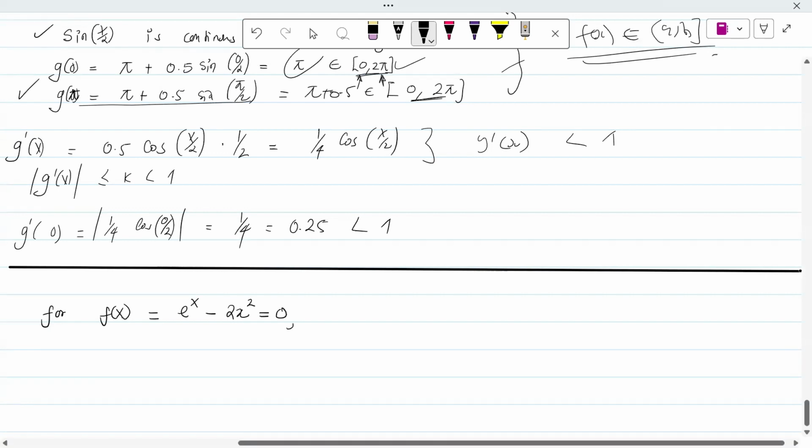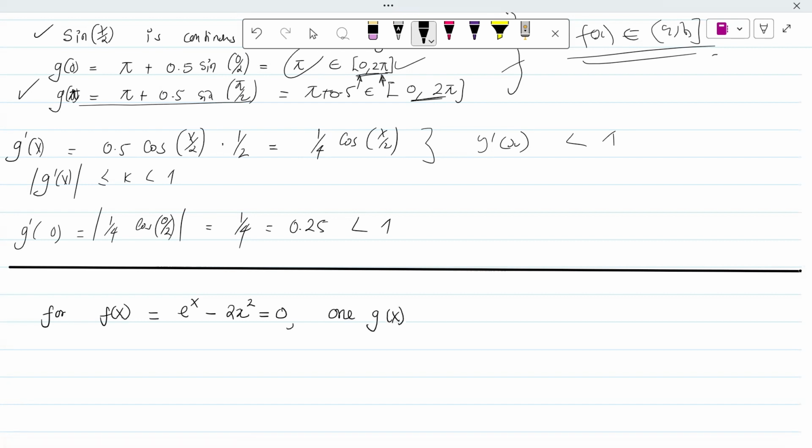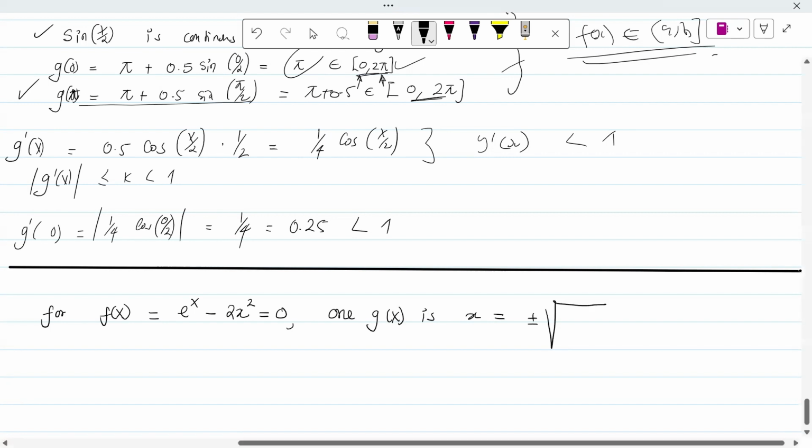We're told that one g of x, meaning one of the arrangements that we can produce from this, is x is equal to plus or minus the square root of e to the power x over 2. You can see that we got this arrangement by solving for x squared.